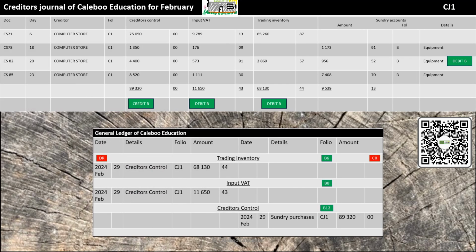We've taken the information now which relates to equipment to the general ledger in the previous slide. Now what we need to do is post the information from the columns to the general ledger. If an item has its own column, we take the total to the general ledger.